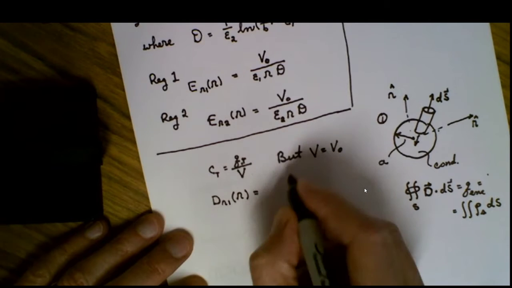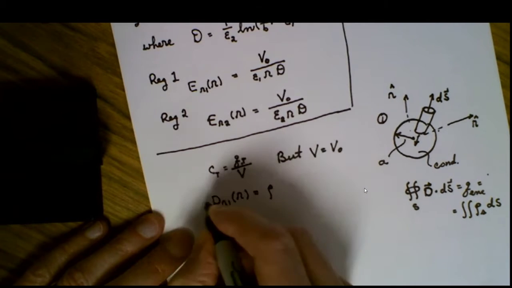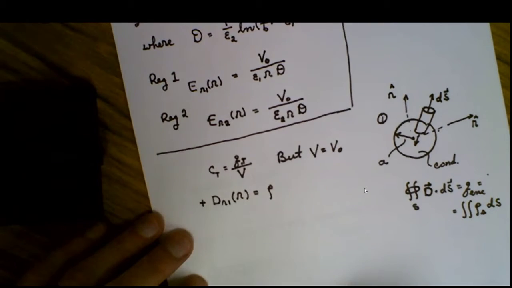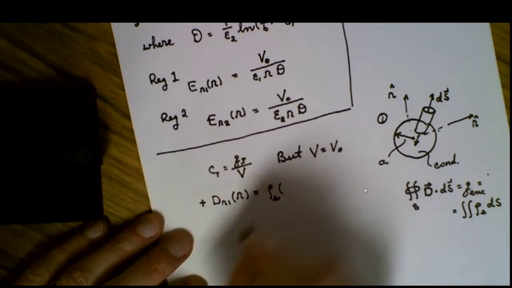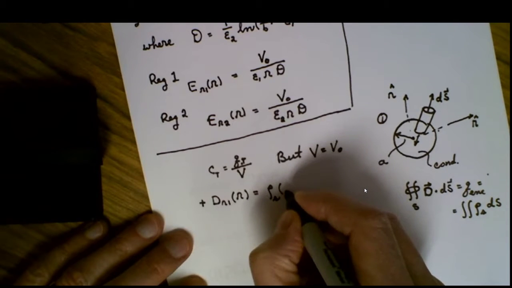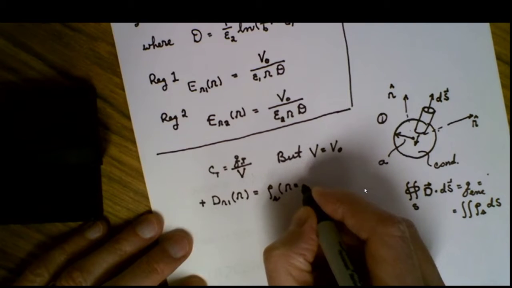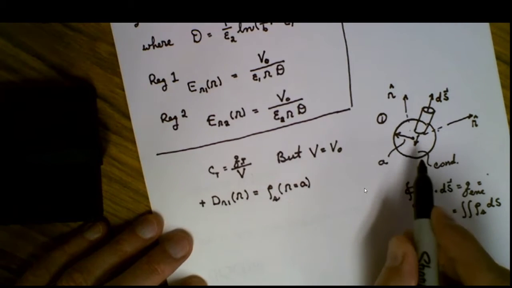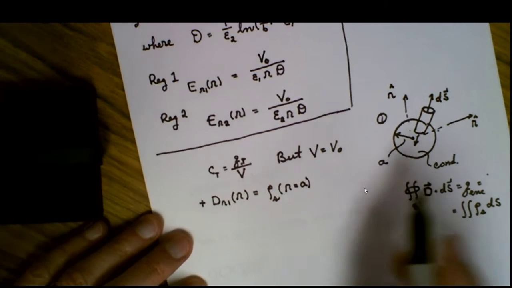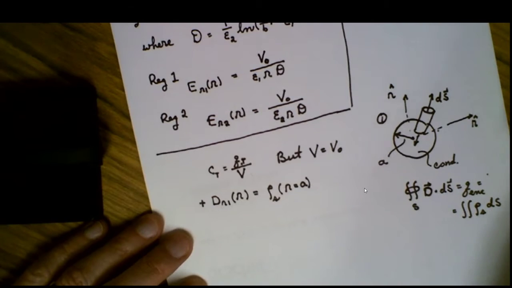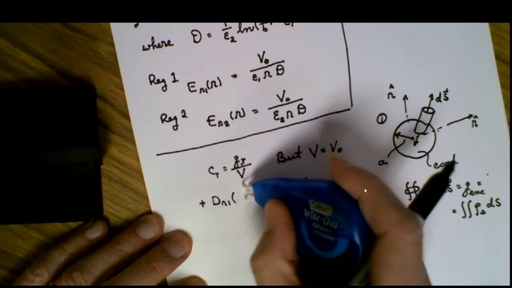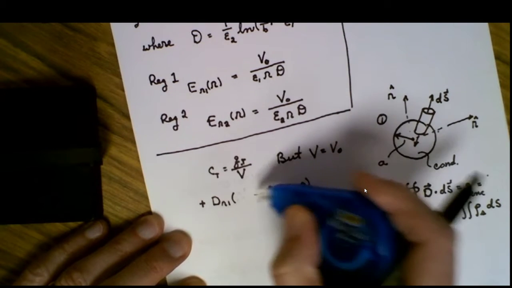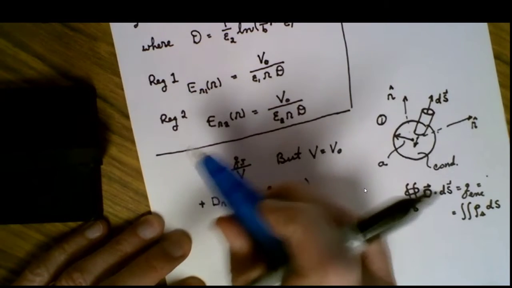This is going to be equal to, and I'm going to put a plus sign here to show that we did argue the sign out, our surface charge density, which is a function of R is equal to A, because it's only valid at the surface interface between the two mediums. And this one here is going to be R is equal to A as well, but A plus as compared to A minus. So we are in region number 1.